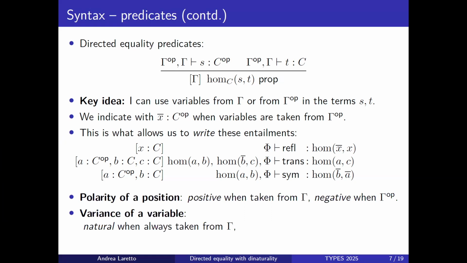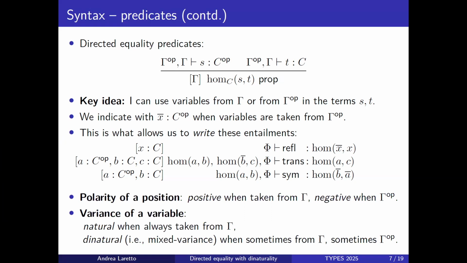A variable is natural when it's always taken from gamma, and it's dinatural or mixed variance when sometimes from gamma, sometimes gamma op. For example, refl x is dinatural because it's taken with both polarities. But in the composition example here, transitivity of directed equality, B is dinatural, but A is natural. It appears here negative and here negative. That's perfectly fine. Same thing with C. It's positive, so it's also natural.